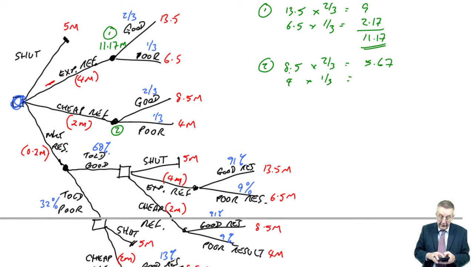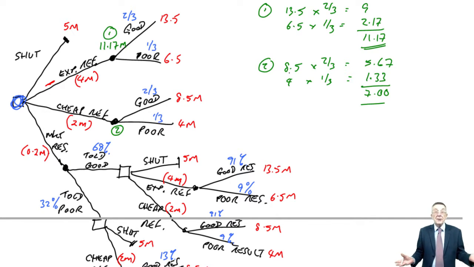Let me check that, 8.5 times 2/3. Yeah, 5.67, or 4 times a third, 1.33. An expected 7. So it's the expected value calculations. I'm not going to repeat all the logic of that again. But it does mean that if we choose cheap, we will pay out 2 and we'll get back an expected 7. So a net 5 million, 7 minus 2.